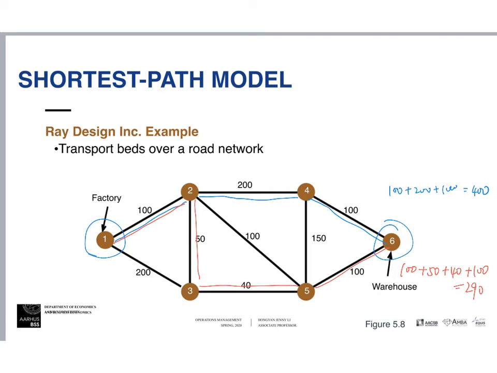Now the question is, in this very small network, you already have a lot of different routes to consider. If you use a linear programming model, that will help you find directly the shortest path, which gives you the shortest distance as a solution.